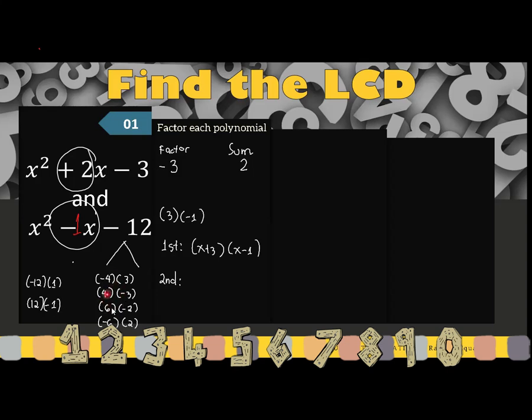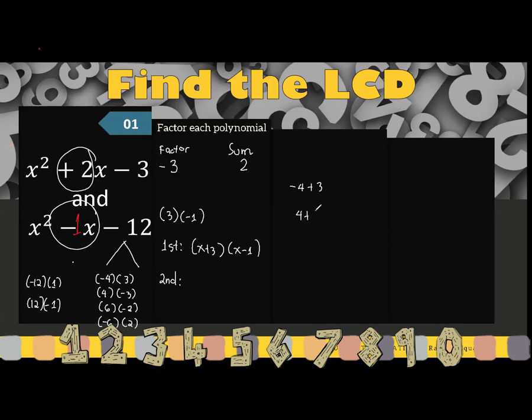Try to take a look at these factor pairs and find which of these factors will give us the sum which is negative 1. These two factor pairs will not give us the sum negative 1, but looking at these two factors here, negative 4 and 3 or 4 and negative 3, since the signs are different, we need to subtract them. We get the answer 1, but what factor pair will give us the negative sign?